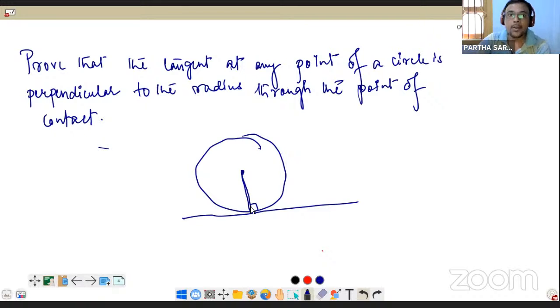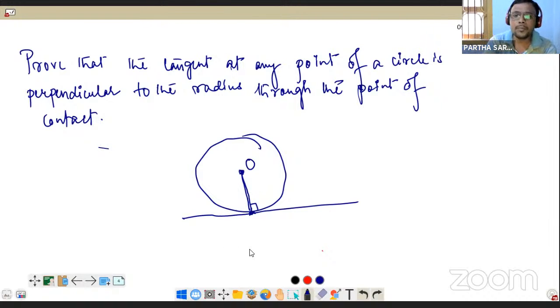They're asking us to prove that the tangent at any point of a circle is perpendicular to the radius through the point of contact. The point of contact is this, isn't it? From the center O to here, this is my radius. So always remember the tangent is always perpendicular to the radius, and vice versa. So here we have to prove this one.